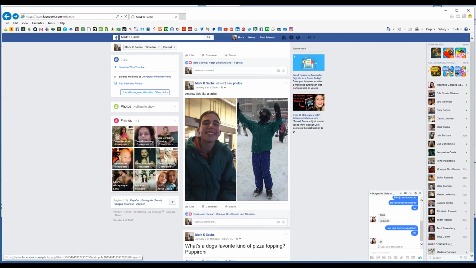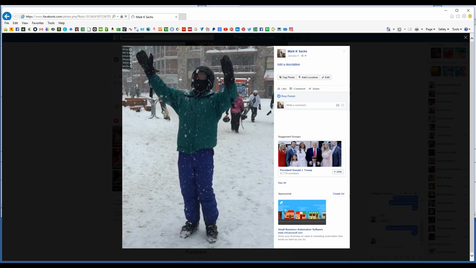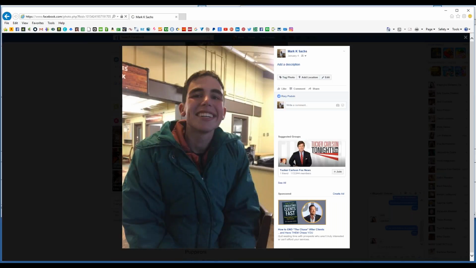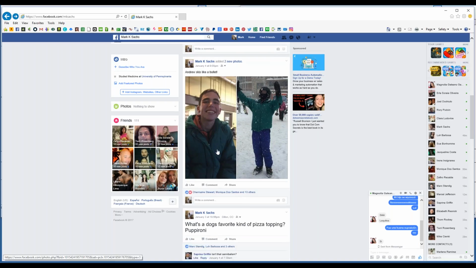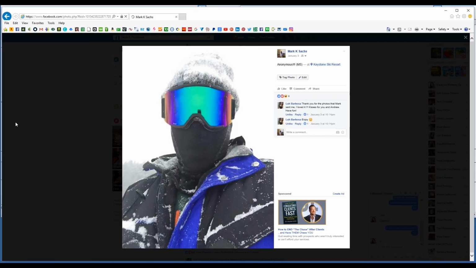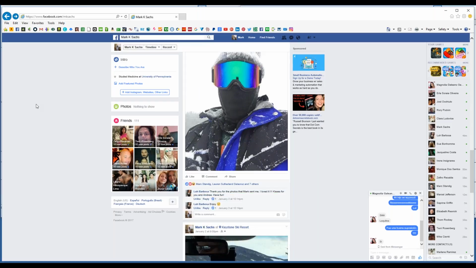And that's Andrew from Colorado, helmet and all. It was really cold. And that's me. People have told me I photoshopped this. That's just a polarized lens, just the way it came out.